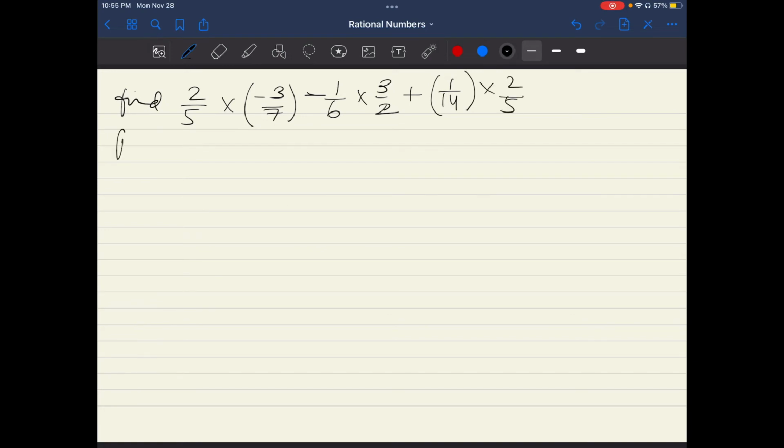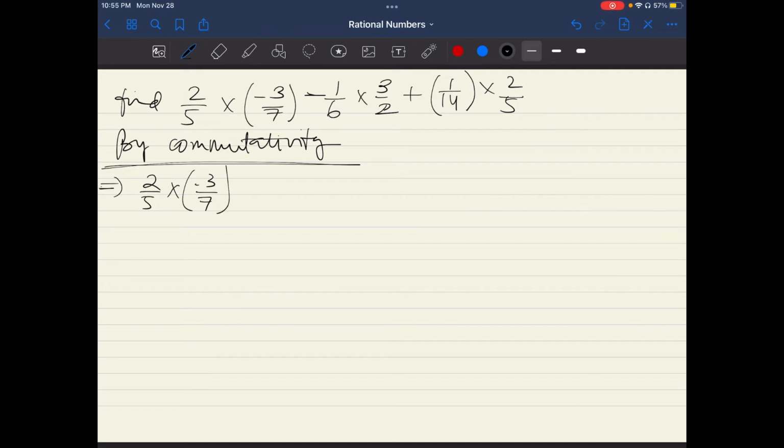Now again, by commutativity, we can rewrite this equation as 2 over 5 times minus 3 over 7 plus 1 over 14 times 2 over 5 minus 1 over 6 times 3 over 2.